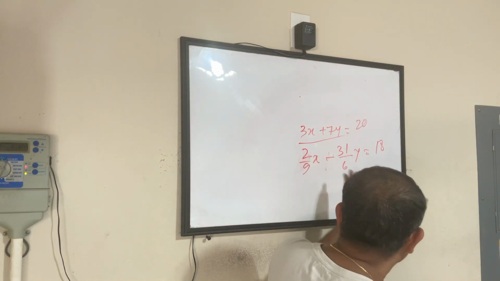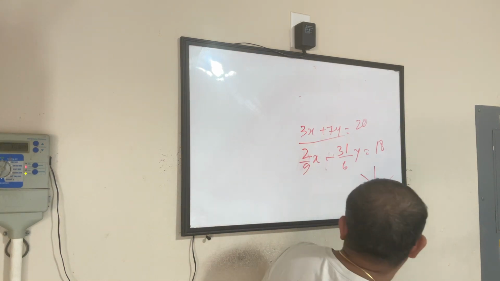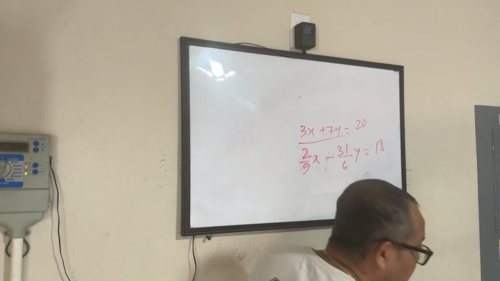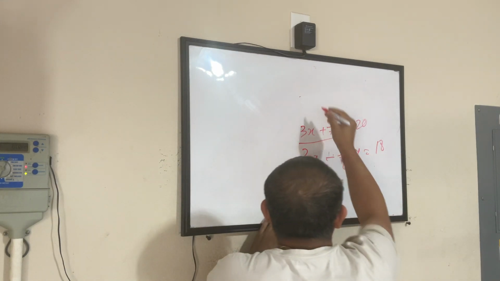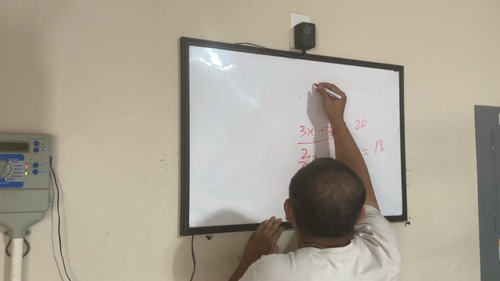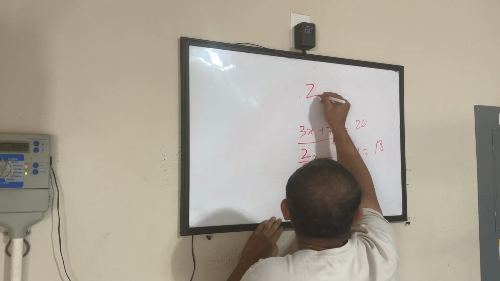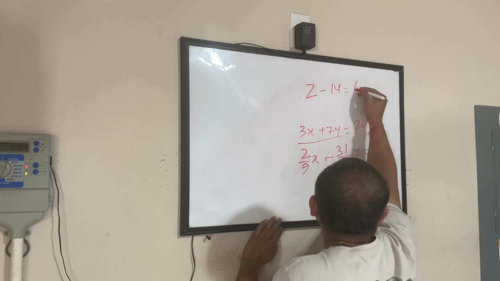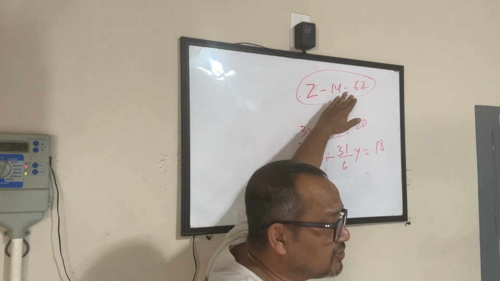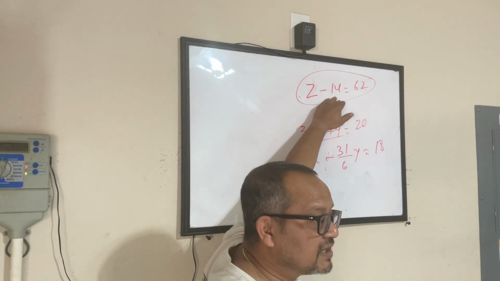Now, we will get into how to solve it. But one thing that we saw before we got to the two variable scenario is that our life is much easier when I have one equation with one variable. If I had, let's say, z minus 14 equal to 62, that was very easy. I did not have to rely on anybody else. I could solve it for z within itself.